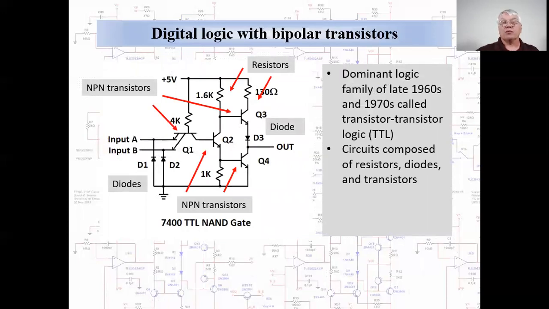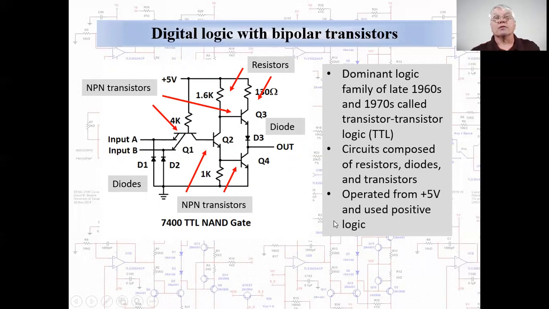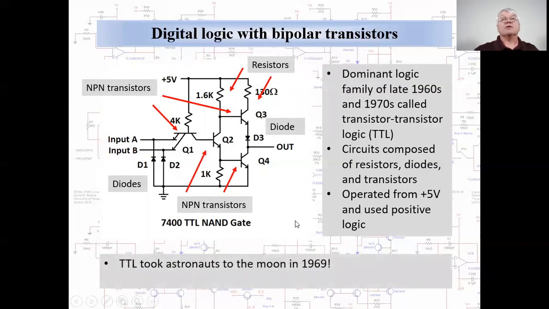Circuits were composed of transistors, resistors, and diodes. TTL operated with a 5-volt power supply and used positive logic. A low output voltage represents a logic 0. A high output voltage represents a logic 1. TTL was the technology that took astronauts to the moon in 1969.